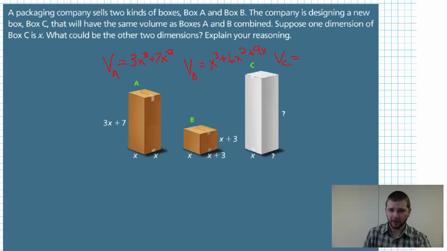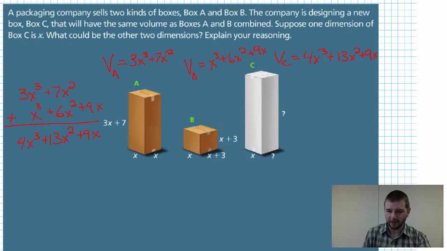So, a reminder, we'll be adding the volume of box A with the volume of box B, making sure to line up like terms so that we can combine those more easily, and finding a sum of and that represents the volume of box C.